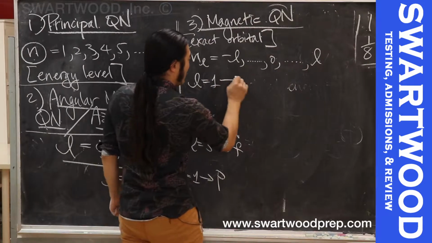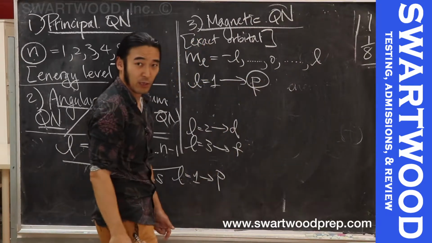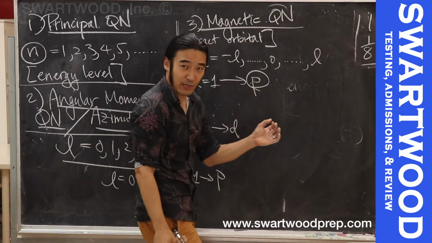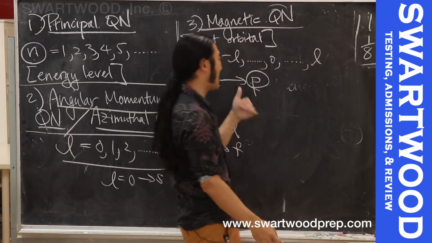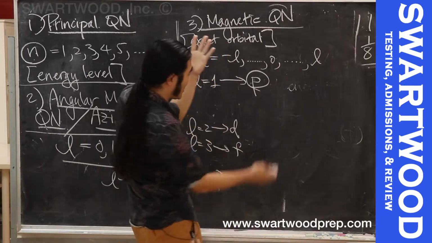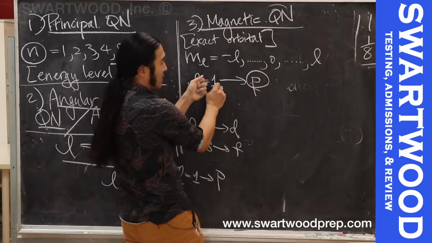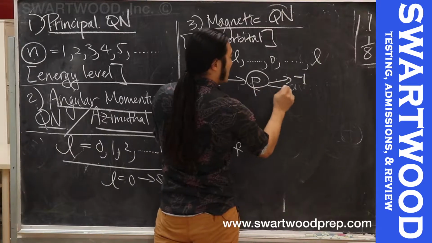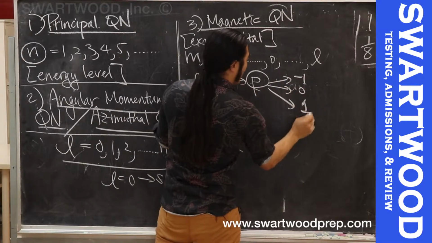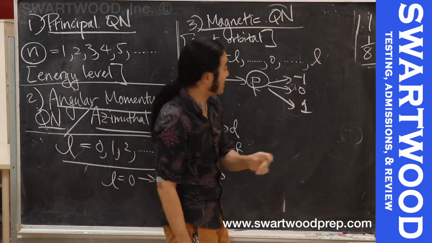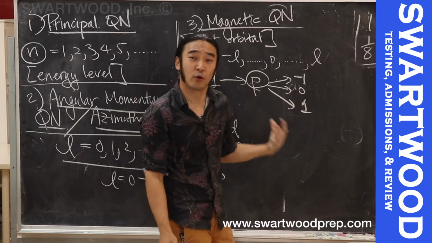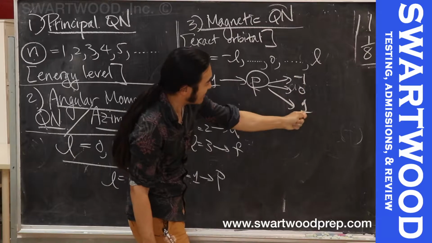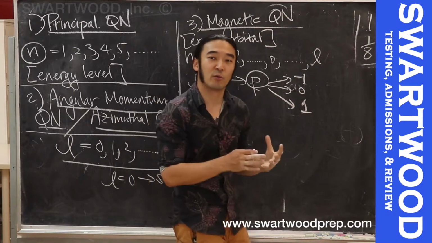So when L is equal to 1, you're dealing with a p-type orbital. But we already said there are 3 p orbitals, right? Smiley, frowny, or confused, or -1, 0, and 1. But if we just follow this formula and we trust it, if L is 1, the values could be what? -1, 0, and 1. So as far as we're concerned, these are the specific names for the different p orbitals. And since you have 3 different names, you must have 3 different p orbitals available.